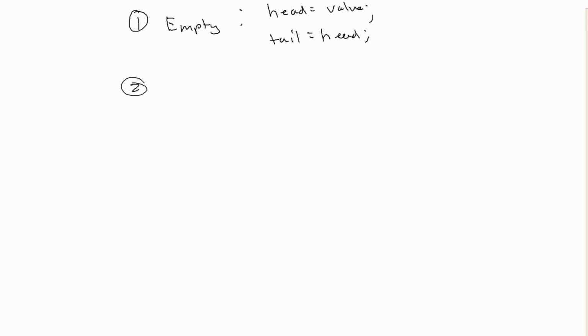Second scenario, as I said, is if we want to insert before our head. So this makes the assumption that we have a node right here, and it is already pointing head here.